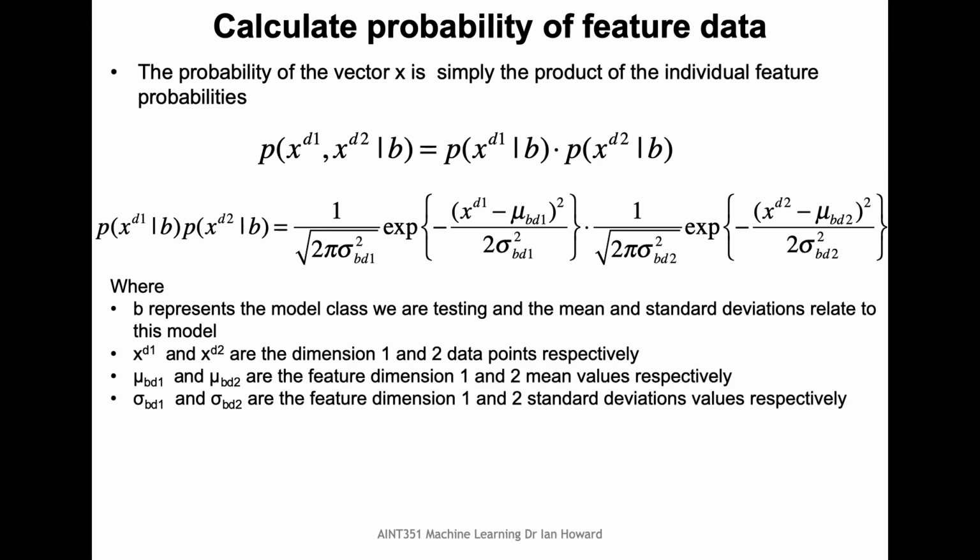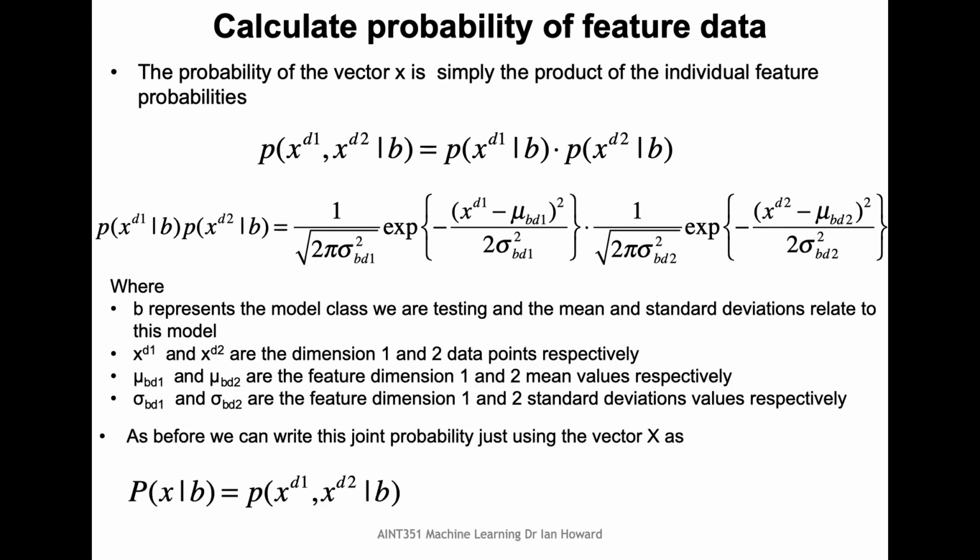This is just listing what these values actually are. Obviously these are the data points for dimensions 1 and 2. These are the features 1 and 2 mean values, and these are the standard deviations as well. So that's what we need to calculate. This is what we're after.